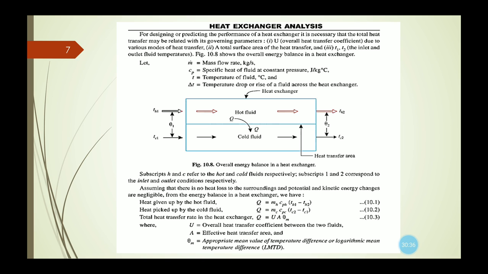So what are the governing parameters? Number one is the overall heat transfer coefficient due to the various modes of heat transfer. Number two is the total surface area of heat transfer, and number three is the inlet and outlet fluid temperatures.